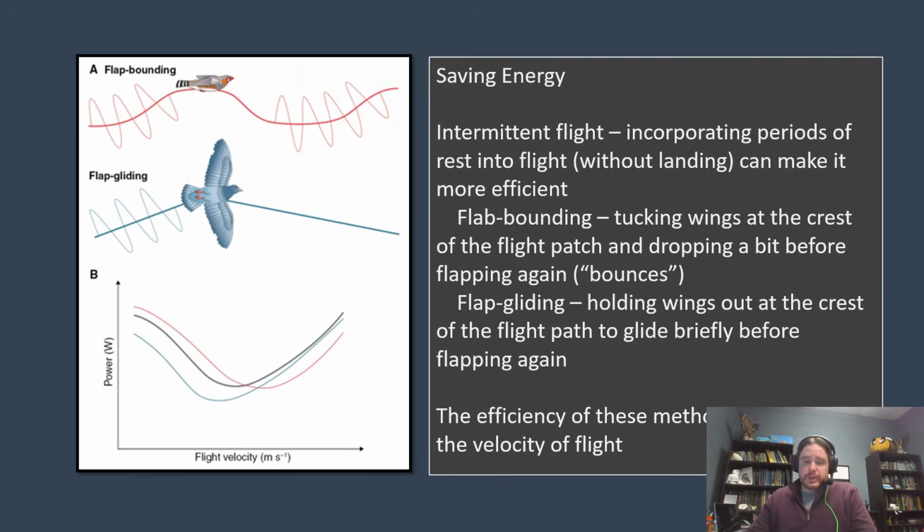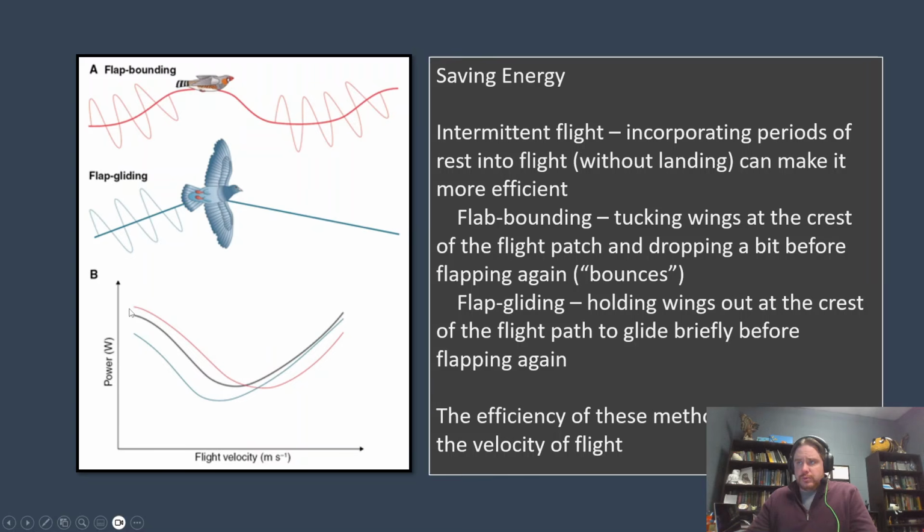So if you look at the blue line there, that's flap gliding. Look at where it's most efficient. The most efficient part is down here in the trough again. It's most efficient at somewhat slower speeds than either of these, and the power difference is quite large between flap gliding and your standard flapping flight.